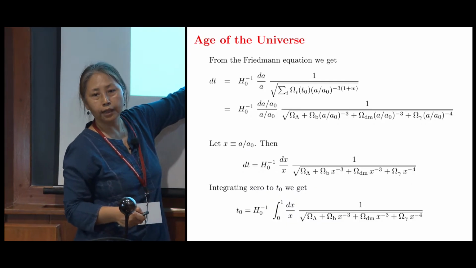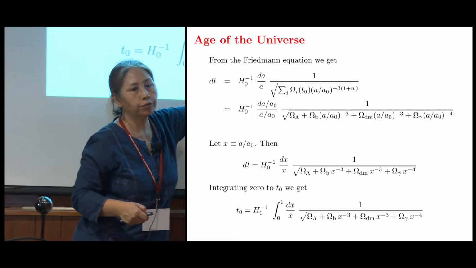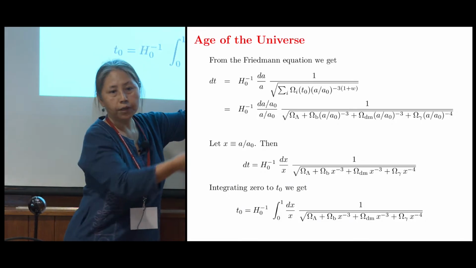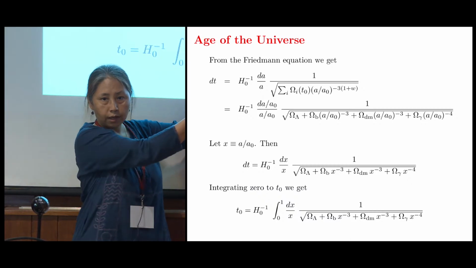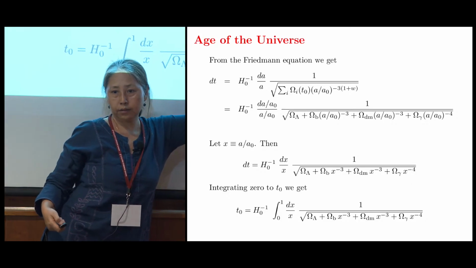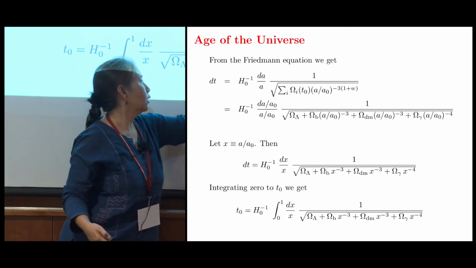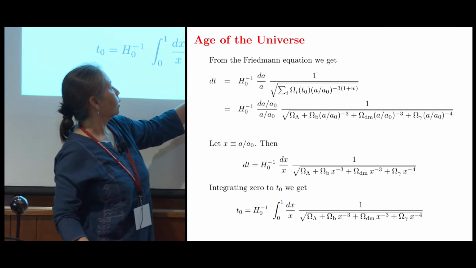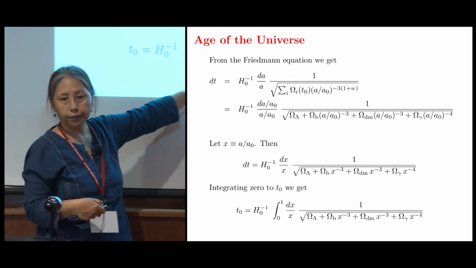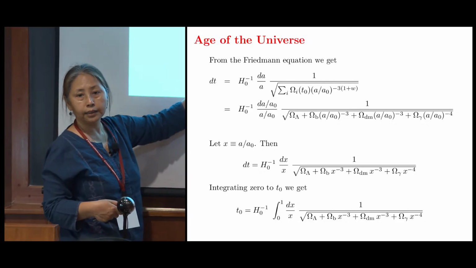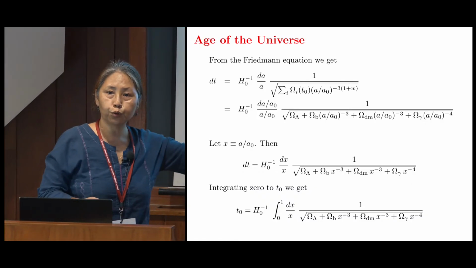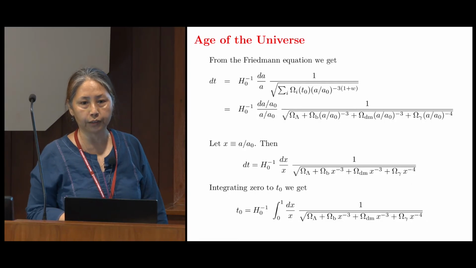This is going to give you 10 gigayears, then there will be some contribution from here. So, when you work this out, there will be some number that you will get. This is the remaining part of the exercise. You take simple cases where it is only this or only this or only this. This one you will get infinity, but these two you will get some number, and that number will multiply this, and that tells you the age of the universe. So, that exercise is to give you the order of magnitude estimation.